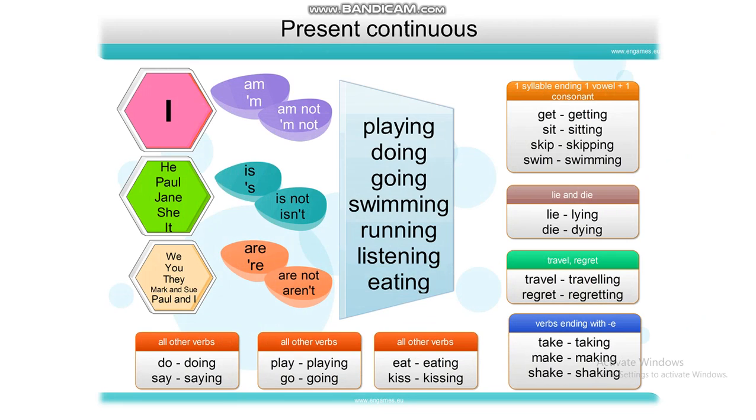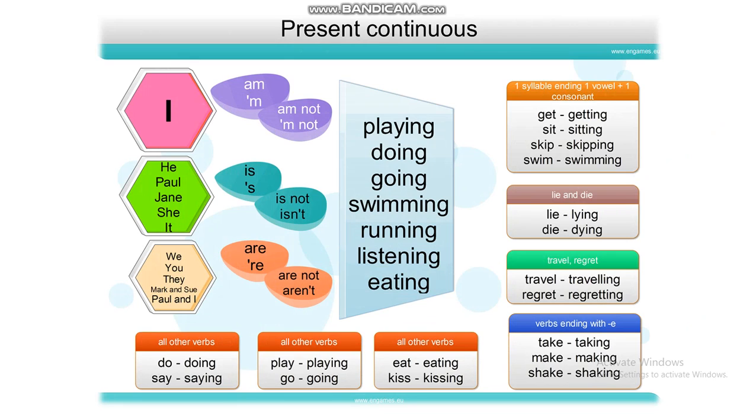Okay. We, you, they: are or aren't, and it may come as Mark and Sue, Paul and I. So they are plural. Any plural subject takes are. And then you add the verb in the gerund form, which is the main verb plus ing.